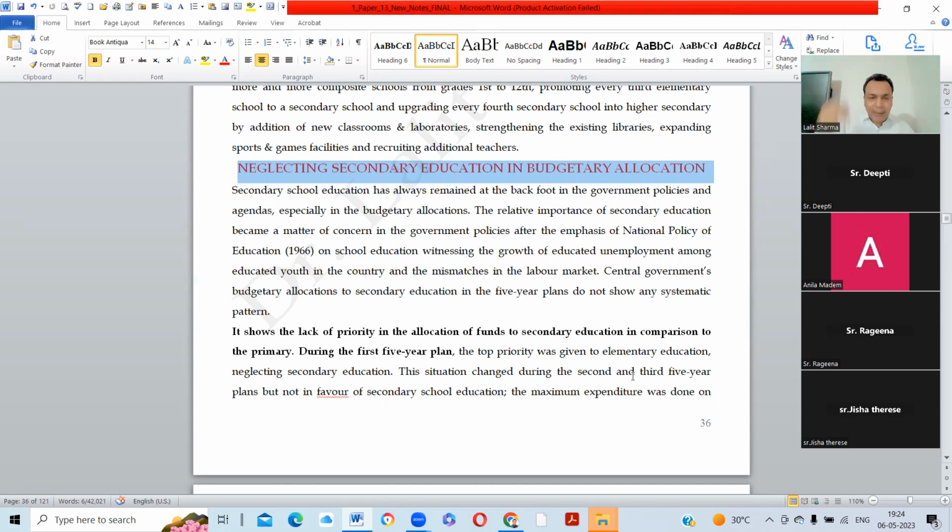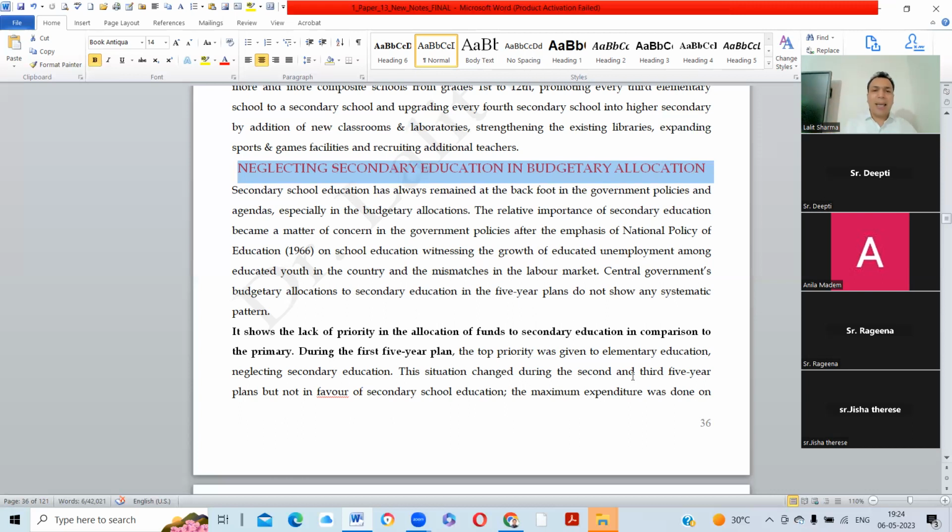Since independence till about 2010, they were talking about implementing primary education, universalization of elementary education. But what happened up to 2010, when the government didn't get the success? What happened in the year 2010? You are aware that the government made a law: the RTE Act 2010.